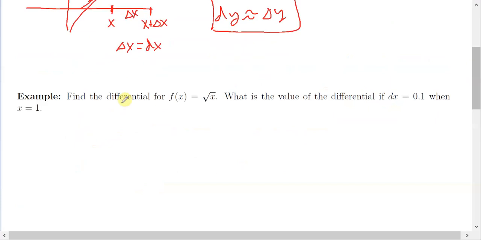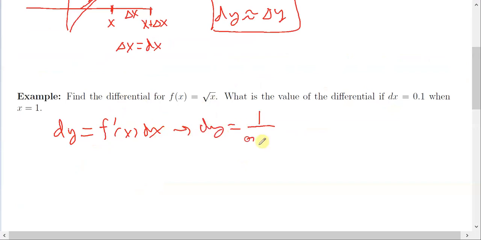It says find the differential for this function, or the differentials might be a better way to say it, but usually we just call it the differential. Here's the definition of the differential. And for this problem, I get 1/2 square root of x dx.